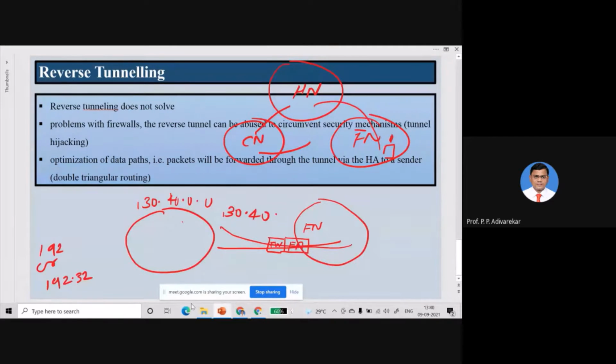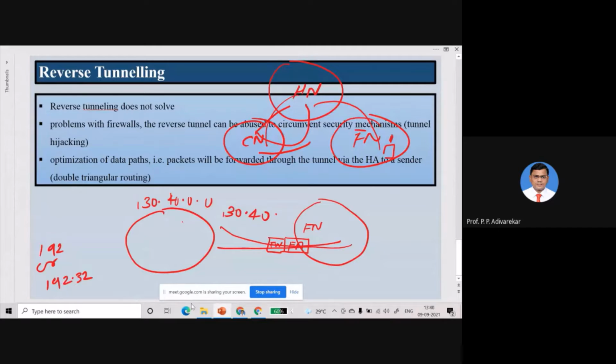Suppose the mobile node has moved from the home network to this network. What is triangular routing? The CN sends a packet. It travels through the internet and reaches the home agent. Now the home agent understands that this mobile node has moved to the foreign network, which turns out to be the same network as that of the CN. So it sends the packet back to the same network.